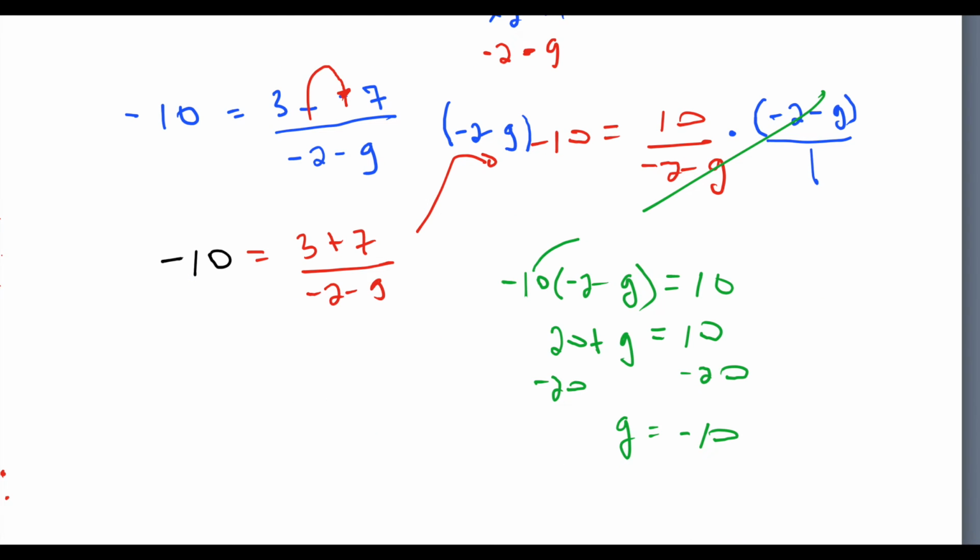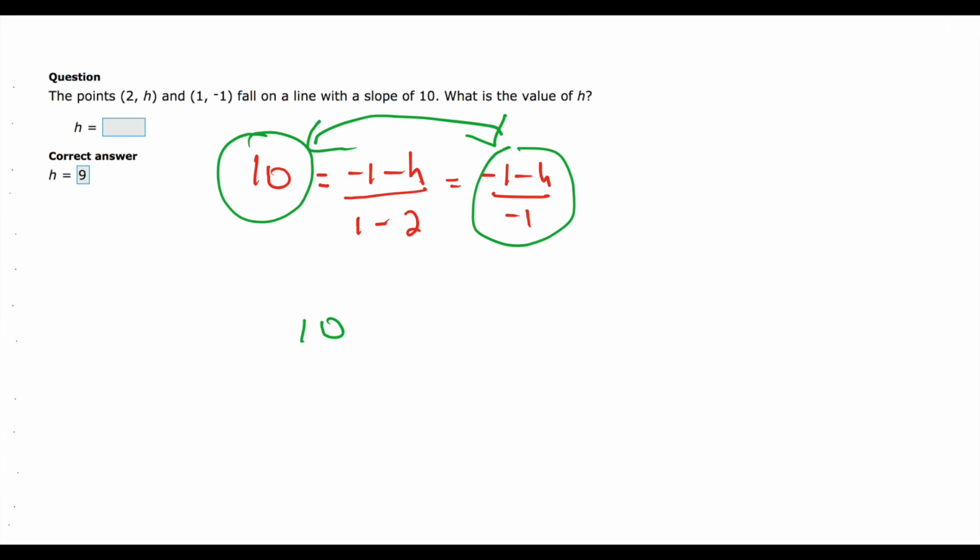What is 10 times g? 10g. So the 10 goes right there. Minus 20, minus 20. Then you have 10g. Divide by 10, divide by 10. And then g equals what? Negative 1.